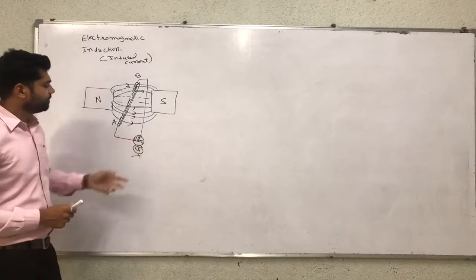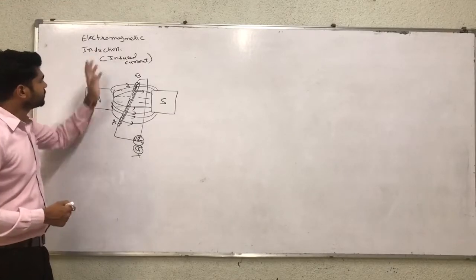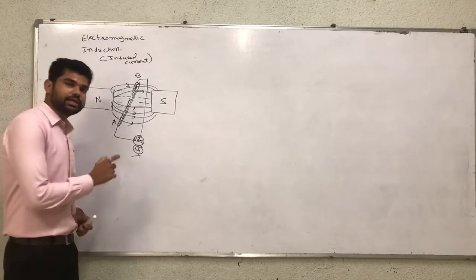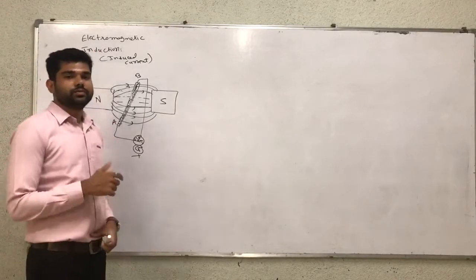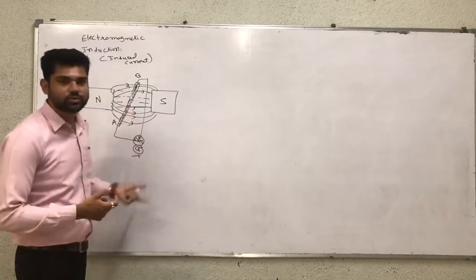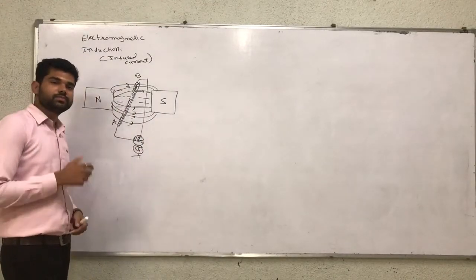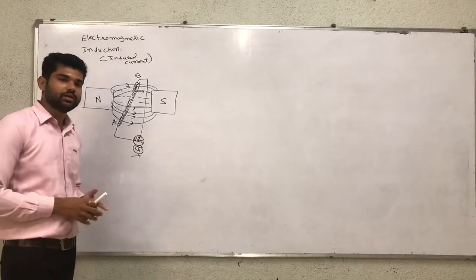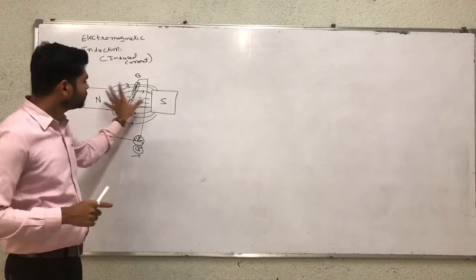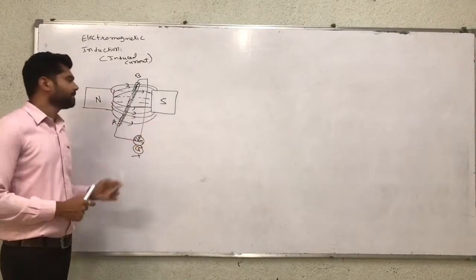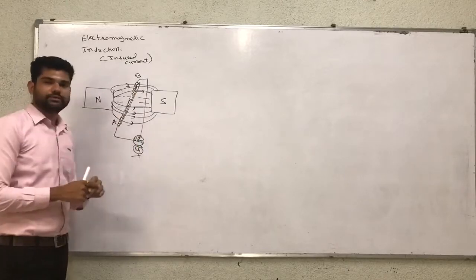So in electromagnetic induction, the electric current is not given, but we get electric current. It means electric current is produced by movement of the two poles of the magnet or of the electric conducting wire.